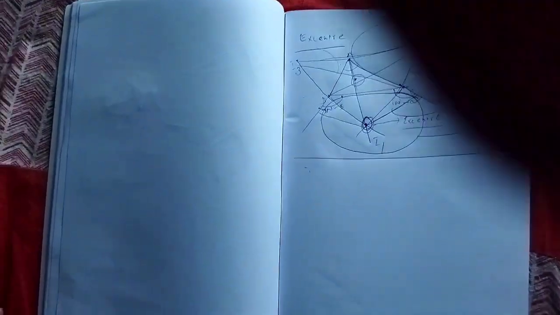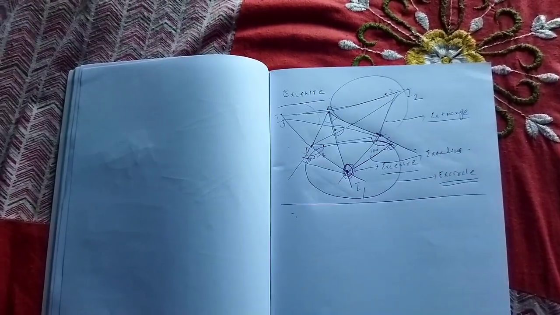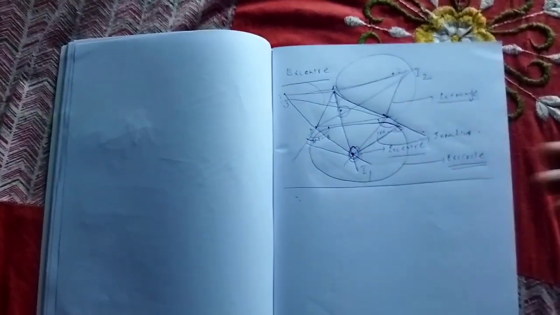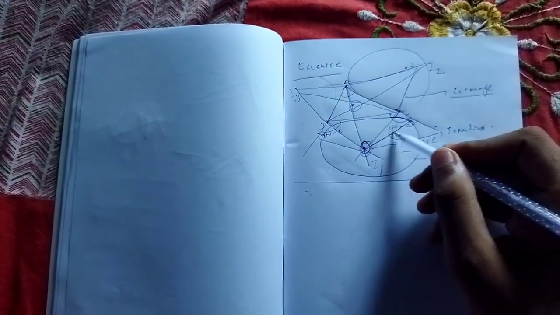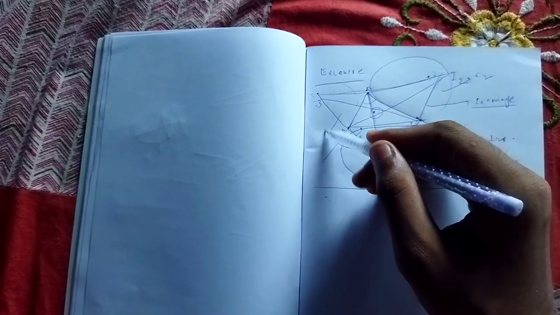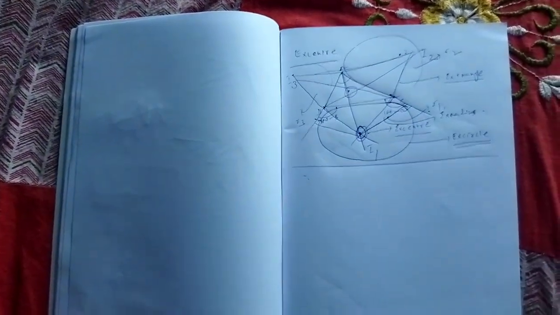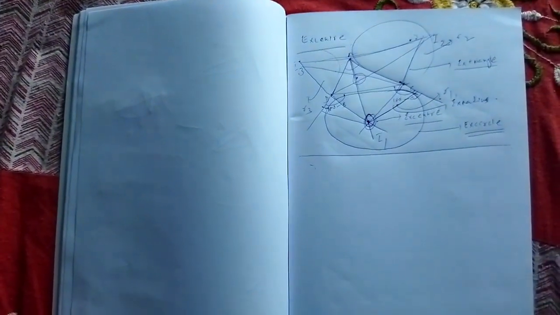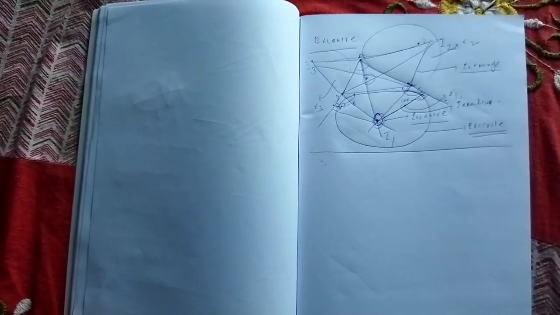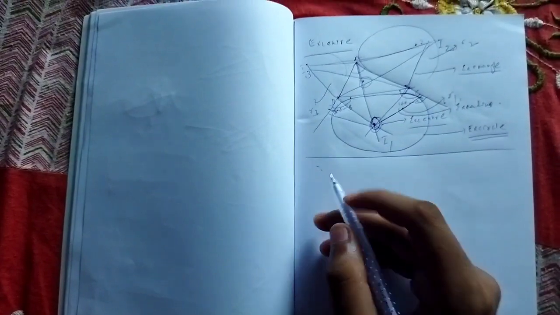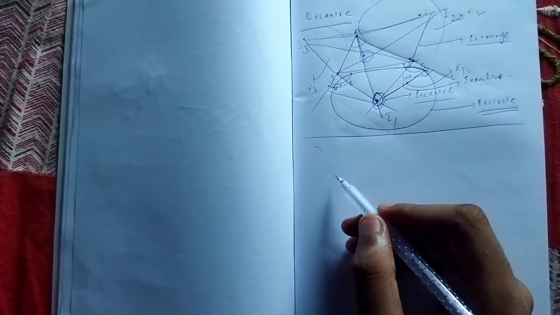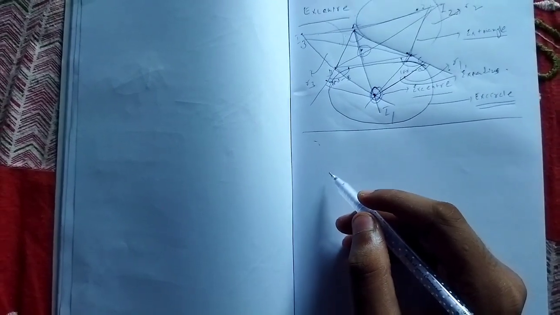Let's find the length of the exradii, and those exradii are denoted by small r1, small r2, small r3. Let's discuss the formulas of r1, r2, r3.